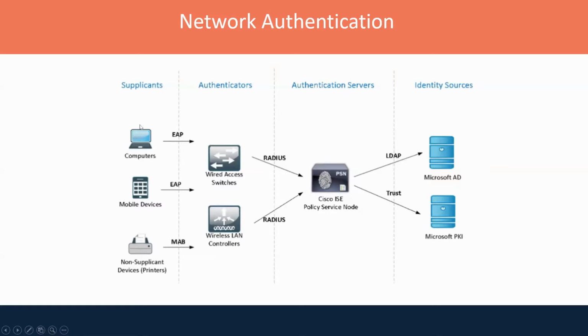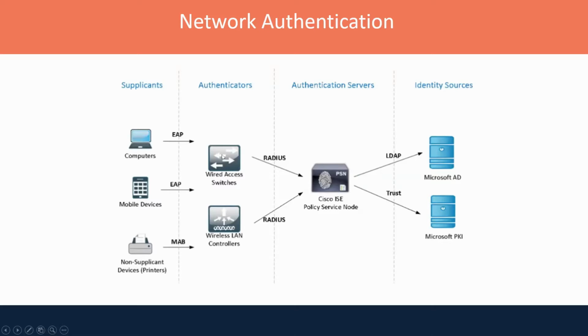So whenever a user wants to connect to the network, before connecting, he has to prove that he is the right user. For that he has to prove his authentication or identity. So the user puts the username and password.